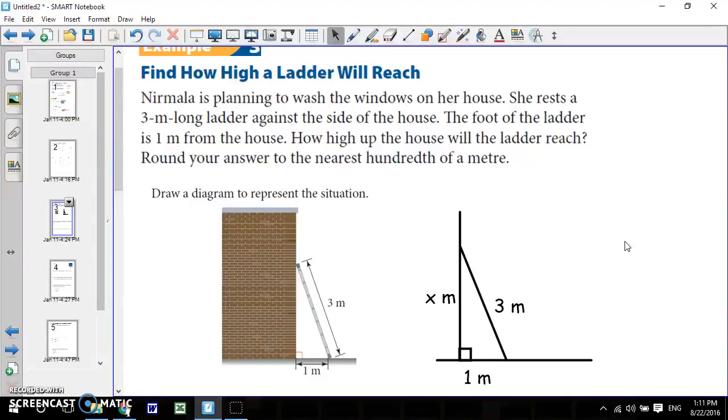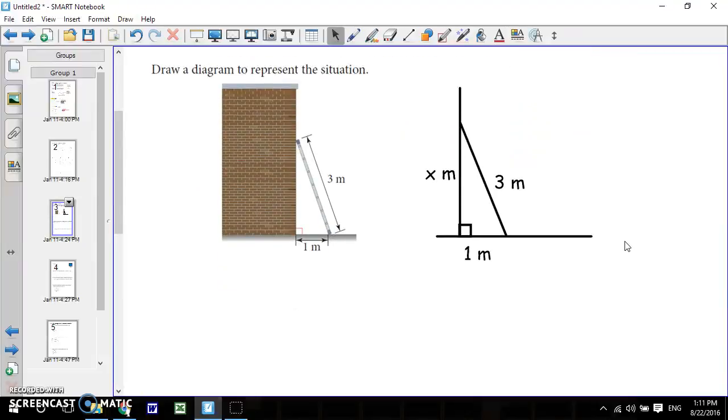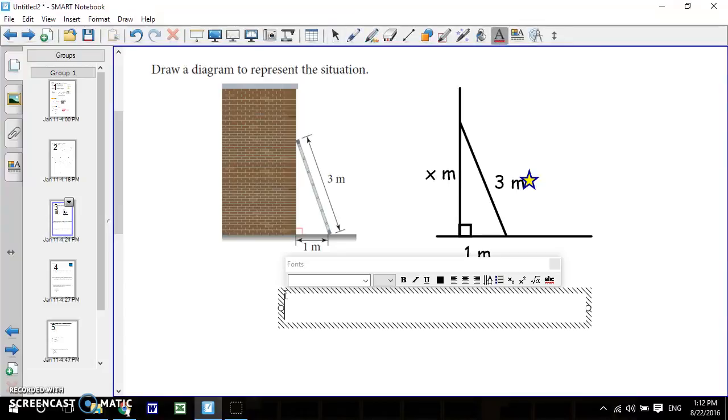In order to find the value of x, we know that now we're looking at a right triangle. Where do you see the hypotenuse in this triangle? I think you will agree that the 3 meters is the hypotenuse. As a result, our Pythagorean theorem can be set up as follows. 3 squared is equal to x squared plus 1 squared.